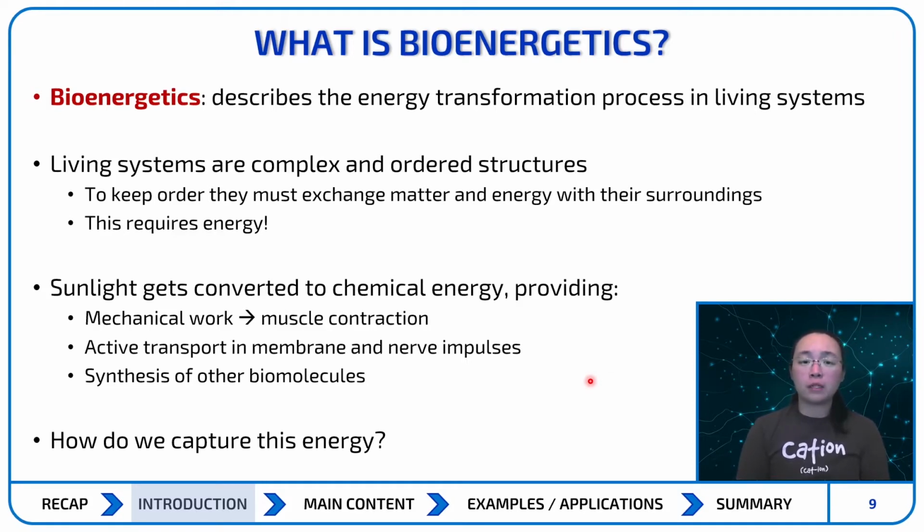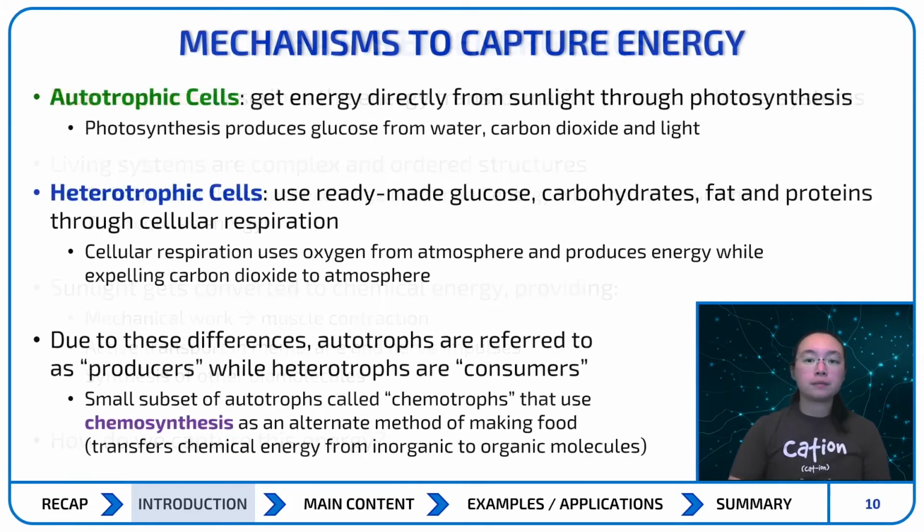So how do we capture this energy? In terms of capturing energy, there are two types of cells we have to talk about. There are autotrophic cells. It gets energy directly from sunlight through photosynthesis. So photosynthesis essentially produces glucose from water, carbon dioxide, and light.